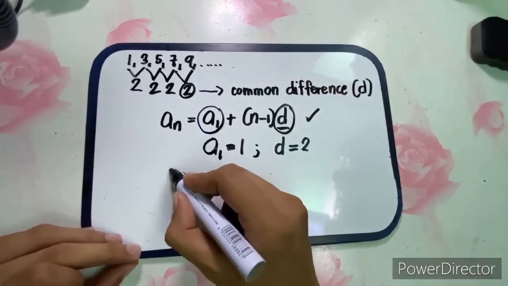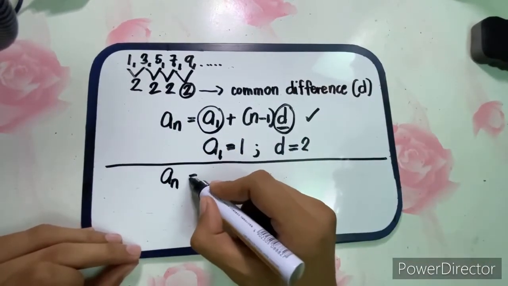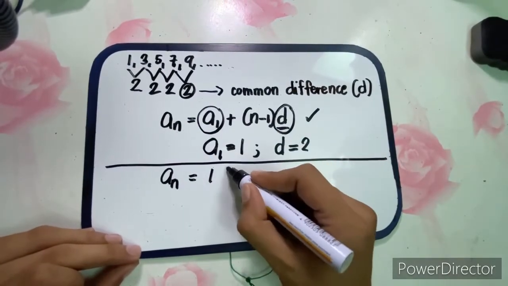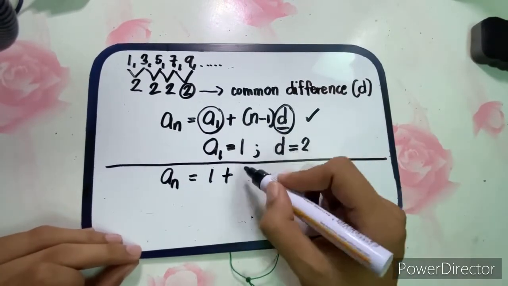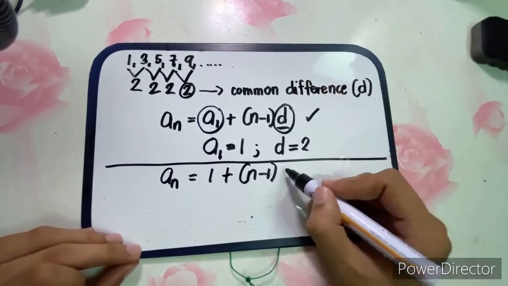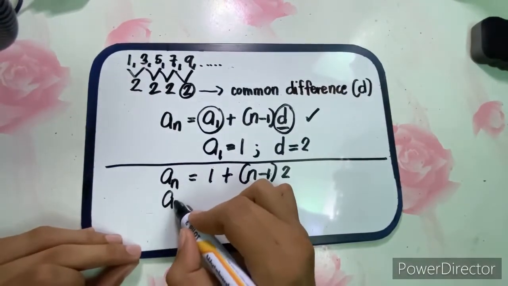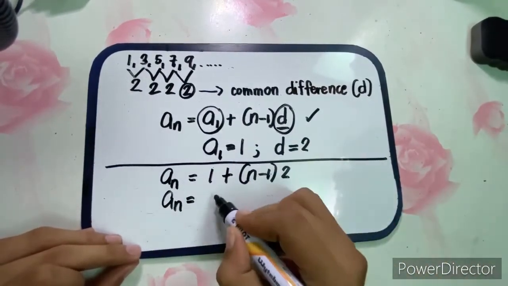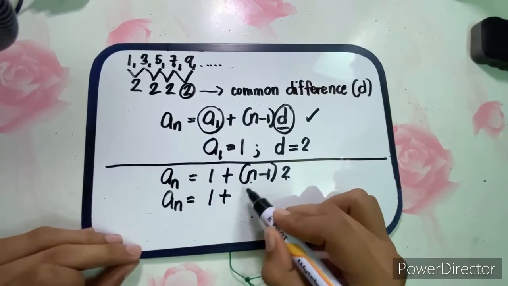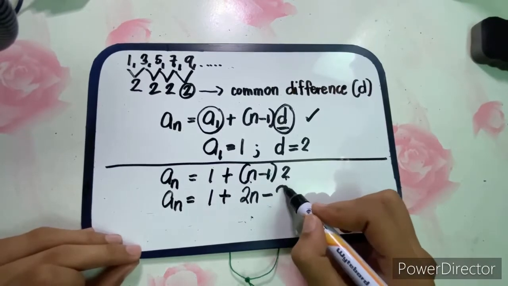So this will become a sub n is equal to a sub 1, substituted by 1, plus n minus 1, then your d will become 2. Okay, so a sub n is equal to 1 plus 2 times n, 2n, minus 2 times 1, 2.